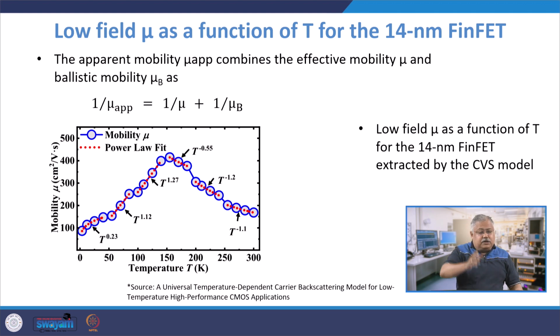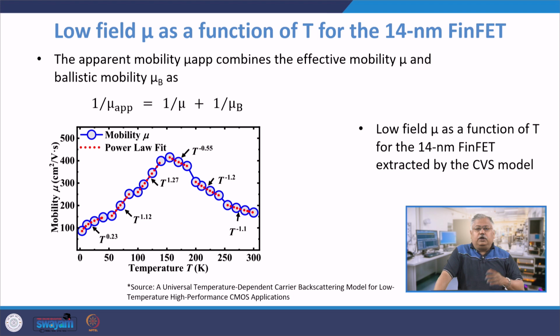Slightly higher it becomes T to the power 1.12, then 1.27, and becomes maximum somewhere around 150 to 200 Kelvin. Then it starts to fall down as T to the power minus 0.55, followed by minus 1.2, and then minus 1.11, and it tends to saturate around 300 Kelvin. This is typically 14 nanometer FinFET mobility extraction using the standard models which we have discussed.